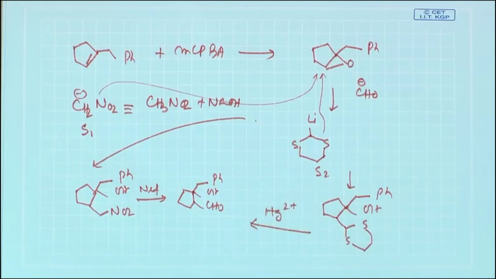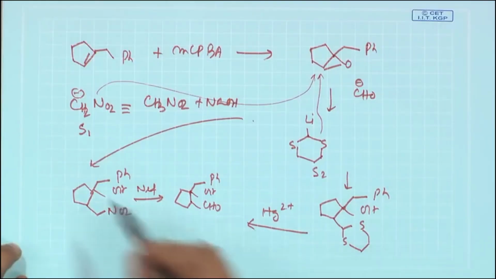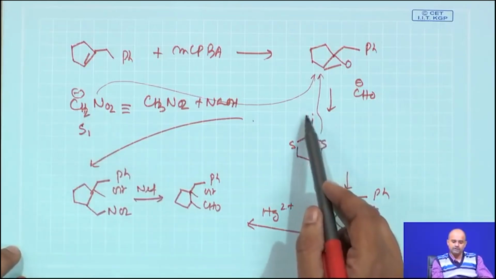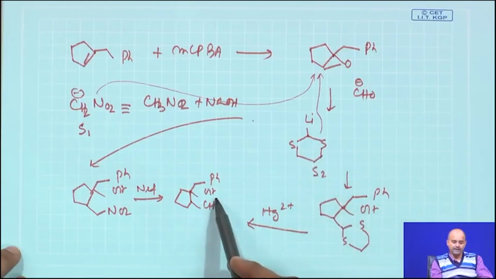So, basically you can use two reagents strategically at a parallel step. Both reagents can serve as a formyl anion precursor: nitromethane and the anion generated here, and this 1,3-dithiane formaldehyde lithiated species can also serve as a formyl anion equivalent.